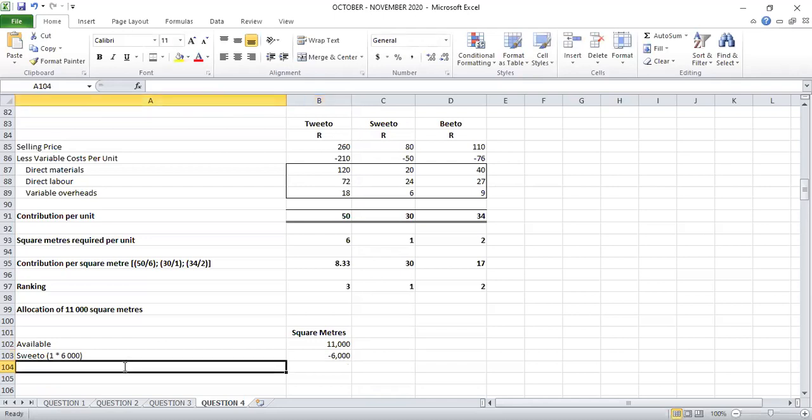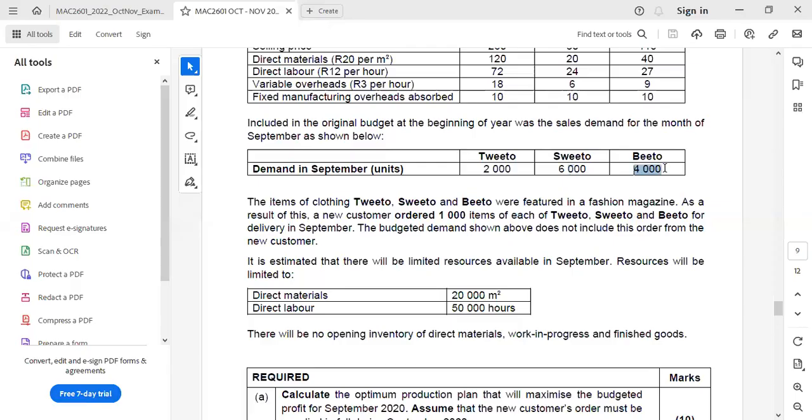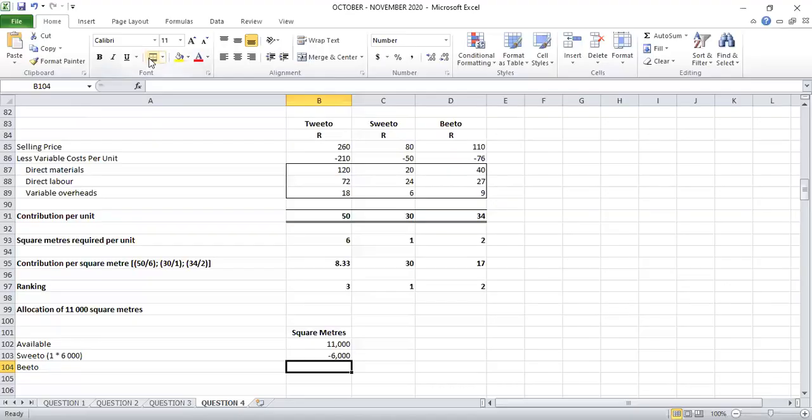Then next, Bito. Bito requires 2 per unit, and Bito, it's how many units? 4,000. If you say 2 by 4,000, you get 8,000. They will no longer be enough. So we'll just give whatever is remaining to Bito.